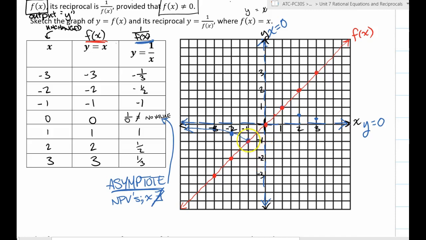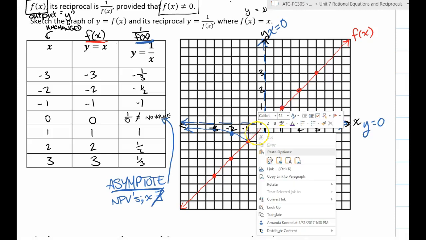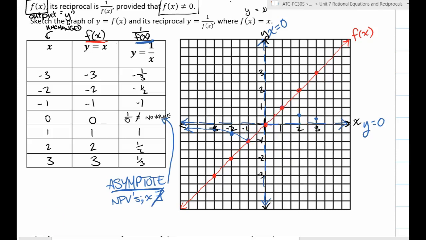Now this behavior between -1 and 0 actually follows the same rule. Now we can see that we have a defined point here that we haven't included in our table. But if I did add it, it would have originally been -0.5 and a -0.5. Extending my table from up here.